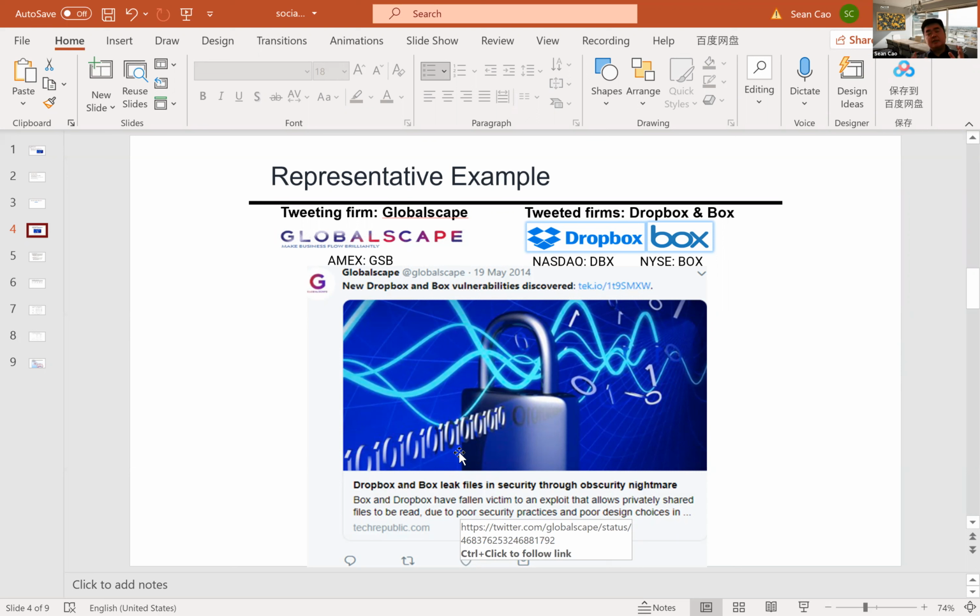By analyzing tweets like this, you're advising other corporate managers that if you talk about other companies' product weakness, you actually signal your own product strengths. So they can follow what Global Scape is doing. So this is about how you help managers and how you help investors.